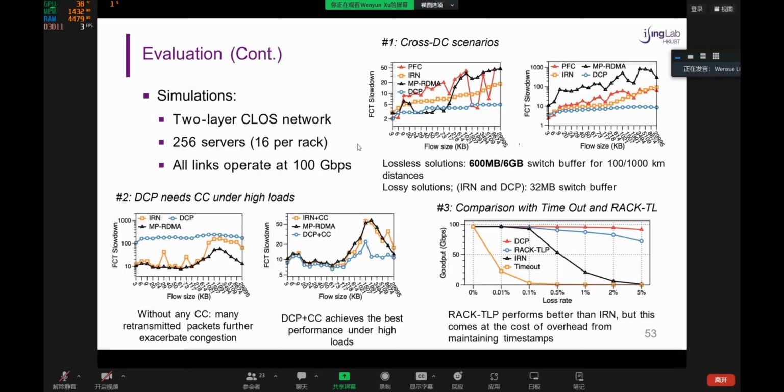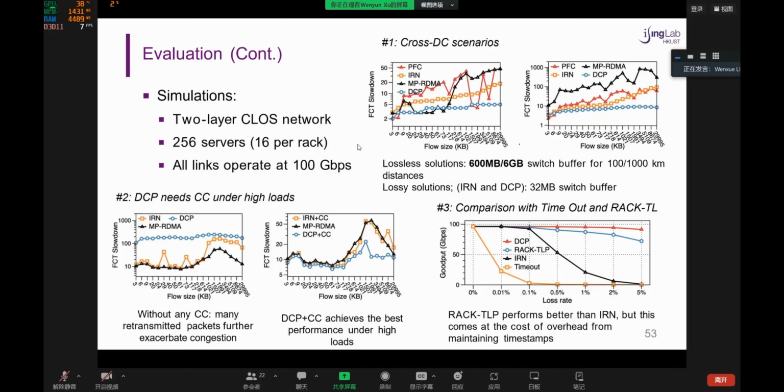And if the length of one hop is very long, the one-hop BDP, bandwidth delay product, may be very large, so we have to reserve much more buffer for long distance communication. In this experiment, because we evaluate 100 kilometers and 1000 kilometers, we have to increase the headroom buffer size for the lossless solutions.